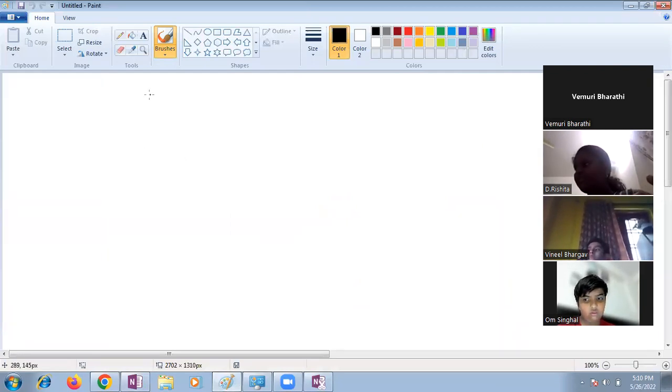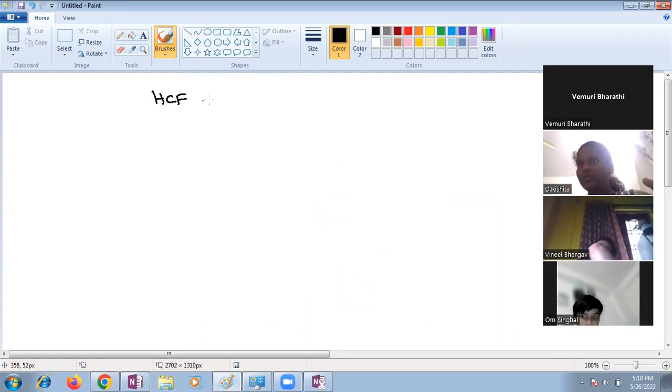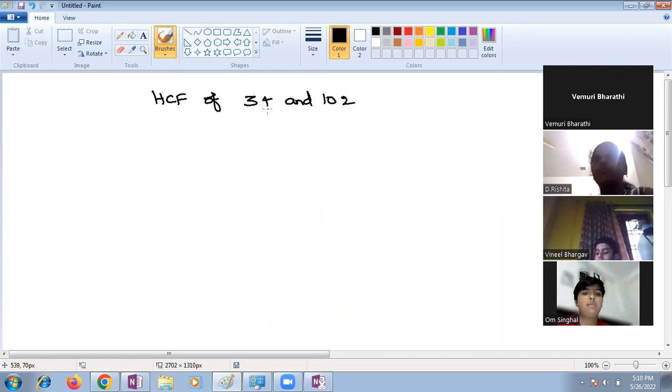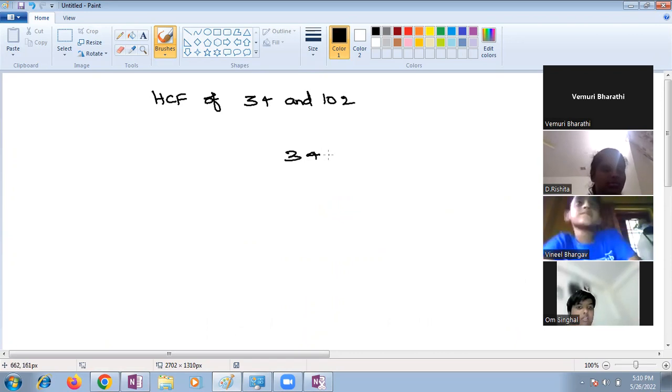Ma'am, I solved it, but if I'm multiplying, HCF of 34 and 102. You see, children, by looking, is it 3 times? Yes, ma'am, in the 34 table, 102 is there, so 34 is the HCF.